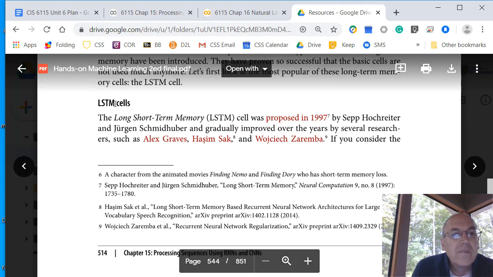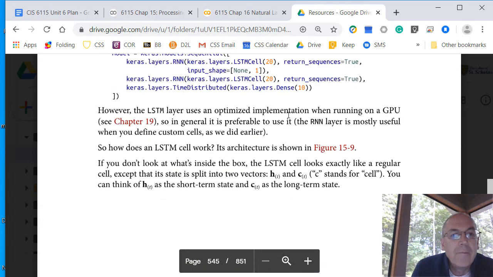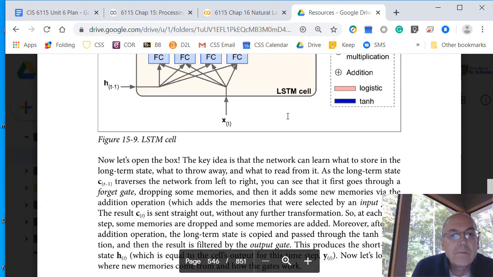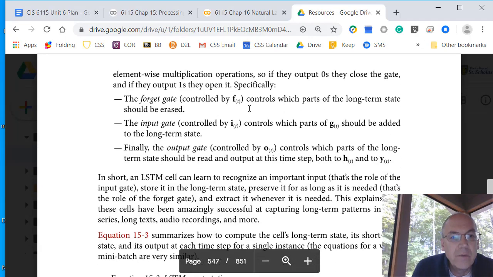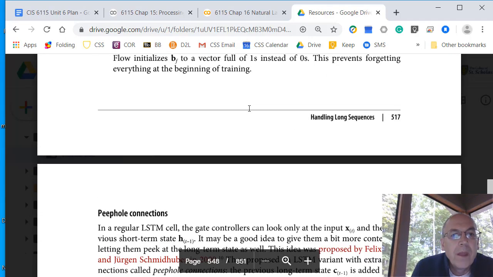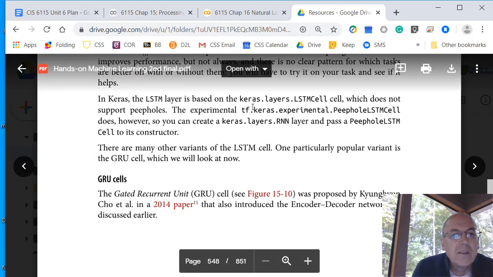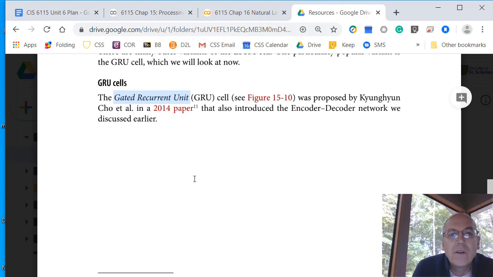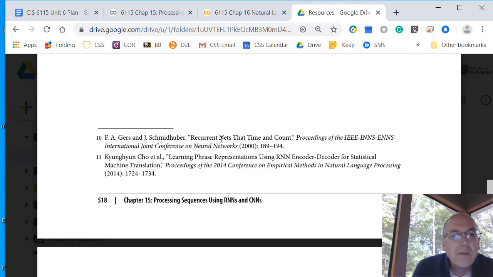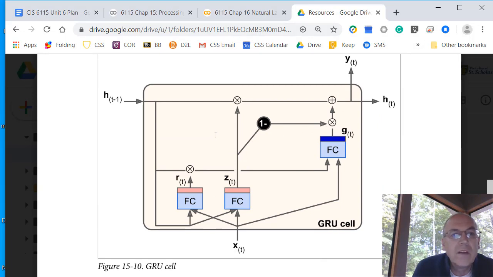Instead, we see these LSTM cells, how to set those up, and then it walks through how they work, but the internals of these are not that important. Then there's another version of this with peephole cells. Those aren't that important now, but these gated recurrent units were also proposed in 2014 and are used frequently today. They're again a much simpler version of these units.